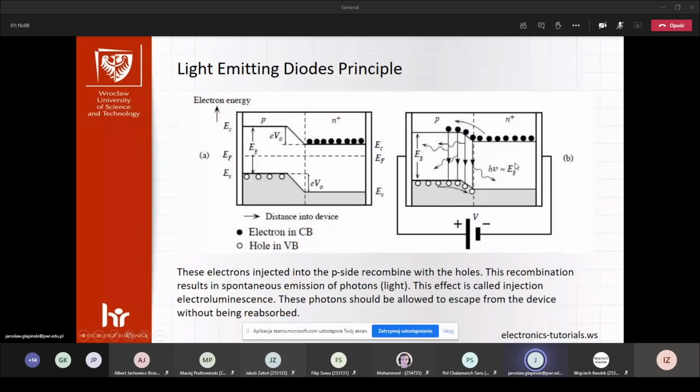Of course, the problem is the substances, because as you remember in our PN substances, N has electrons, P has holes. If we add some energy, the electrons go into the circuit. Okay, but they jump. We can say that the electrons jump to the lower energy, and the electrons can combine with the holes.